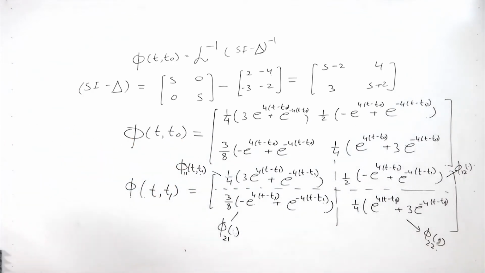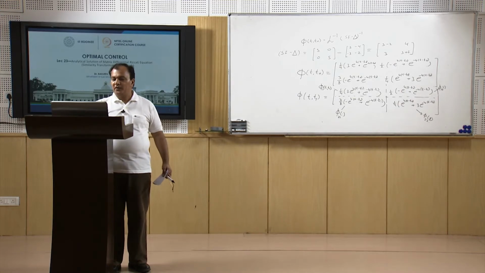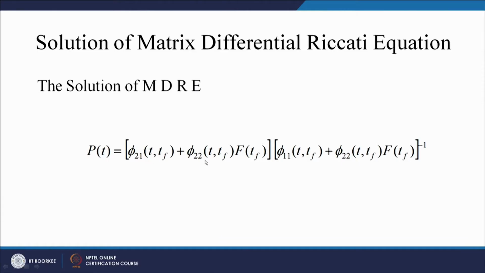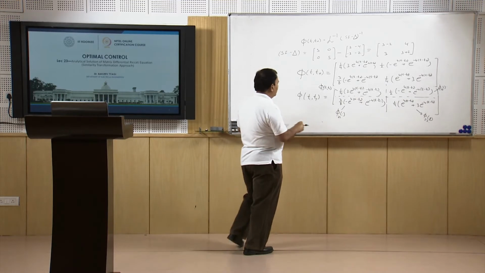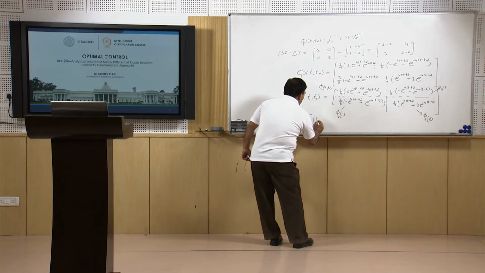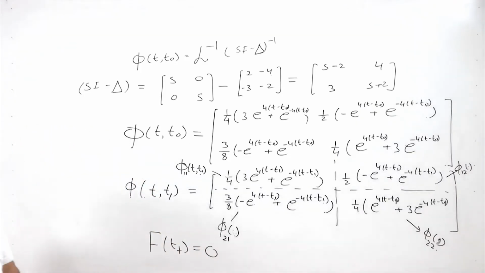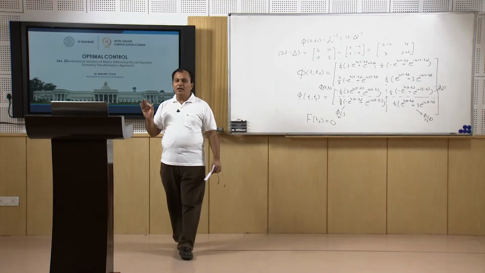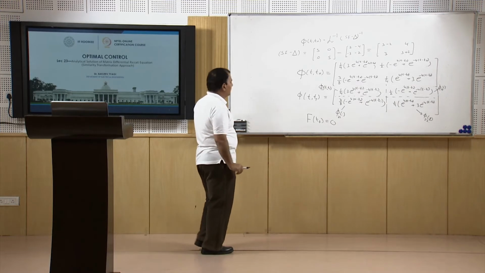And if I see what is my matrix P, this is phi 21, phi 22 into F, phi 11, phi 22 into F. What is F of TF in this case? F of TF is 0 because we have not considered any terminal cost in defining the J.